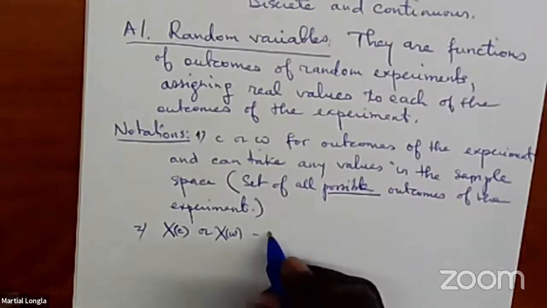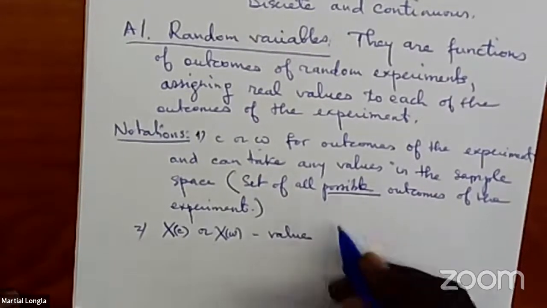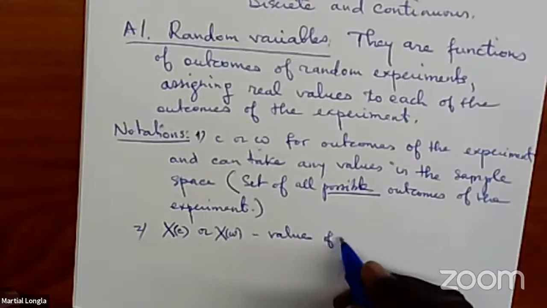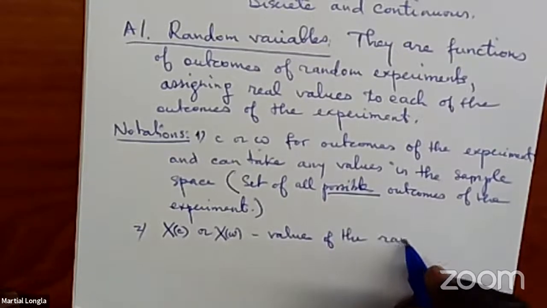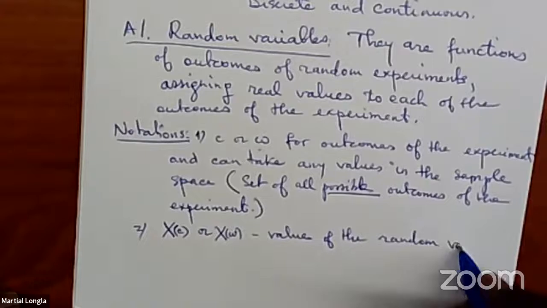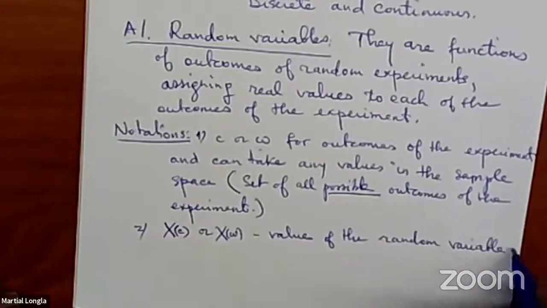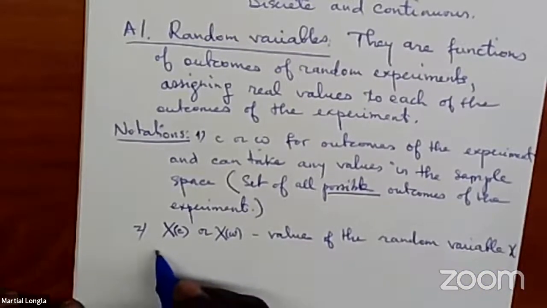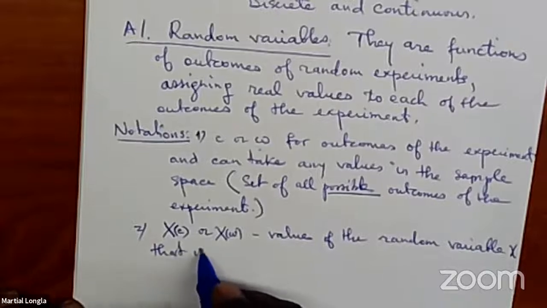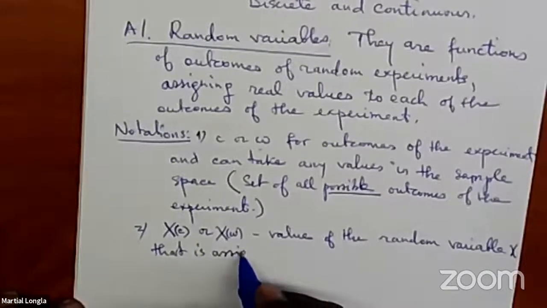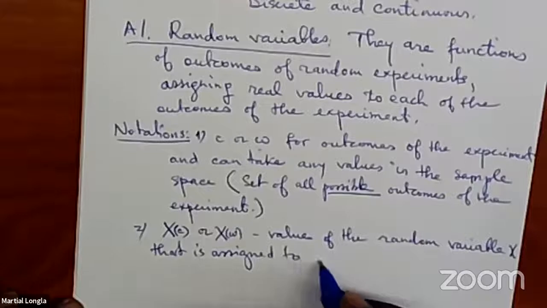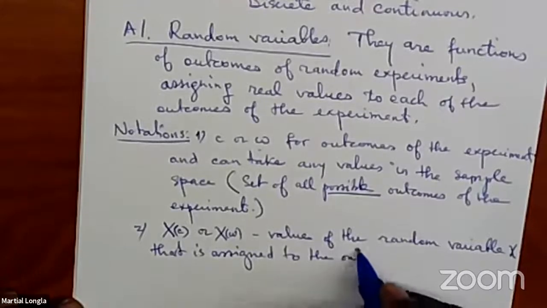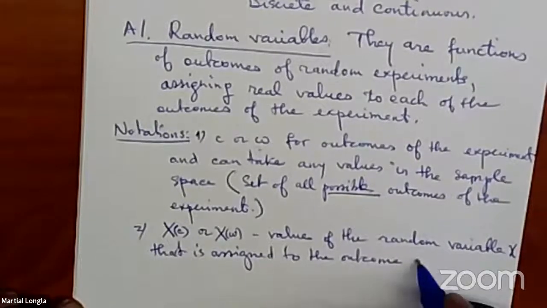That would be the value of the random variable x that is assigned to the outcome C or W.